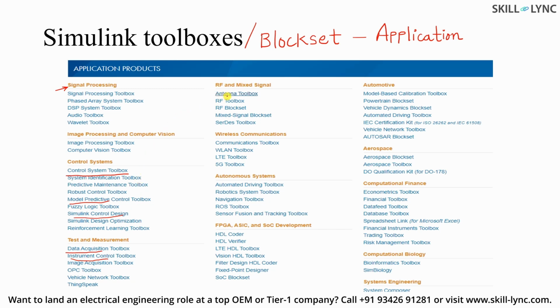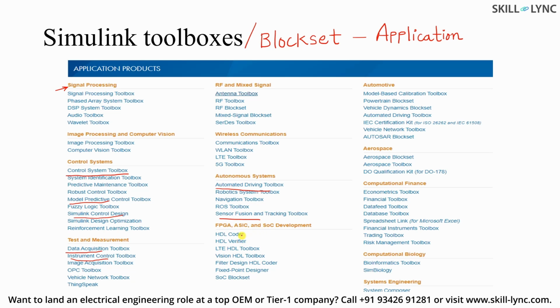Another category is communication: the antenna and radio frequency wireless toolbox, which covers Wi-Fi or wireless LAN and 5G. There are autonomous systems as well, where you see the automated driving toolbox and the sensor fusion and tracking toolbox.